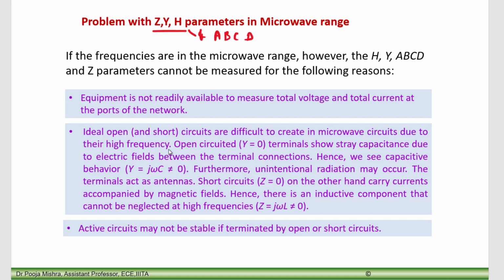Because it is a high frequency, the terminals will show stray capacitance due to the electric field between the terminal connections. So there will always be a capacitive behavior there. The voltage there will not be open circuit, the current will not be zero always.